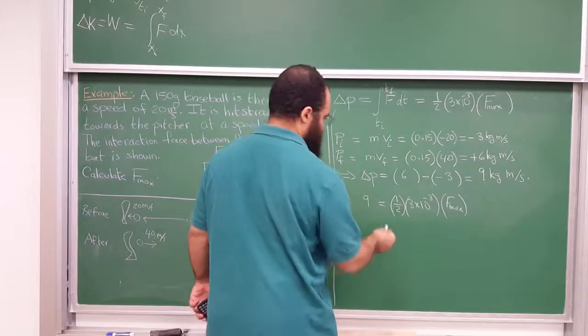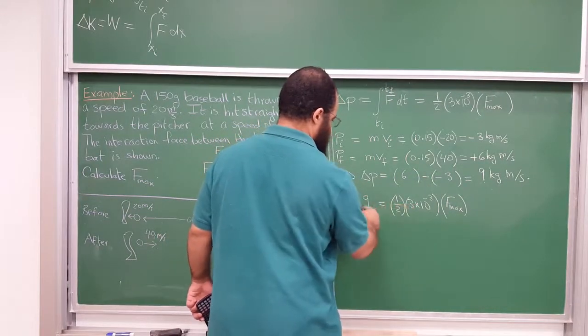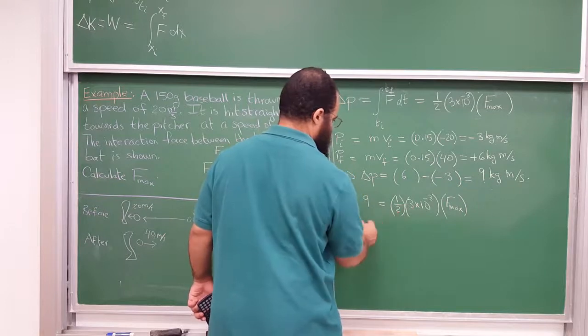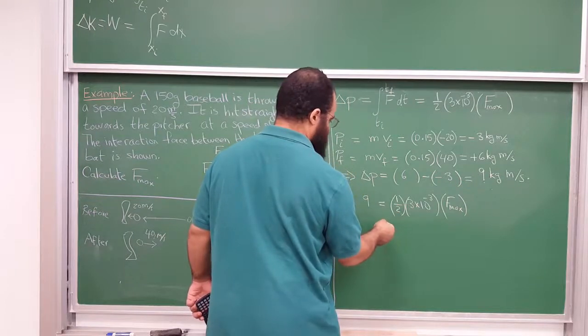Well, if you could simplify this, 9 over 3 is 3 on the left side. You multiply by 2, you get 6. And then multiply by 1,000, you get 6,000.